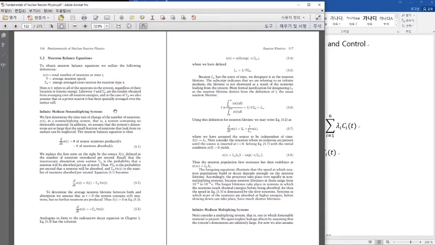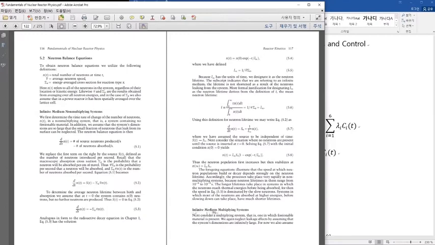Once again, we started from infinite medium. By the word infinite medium, we ignore the space dependency. Then non-multiplying system, where by the word non-multiplying, we ignore the fission neutrons.